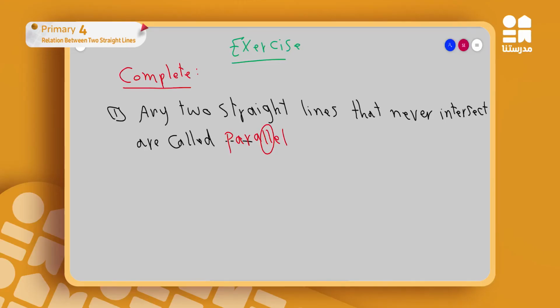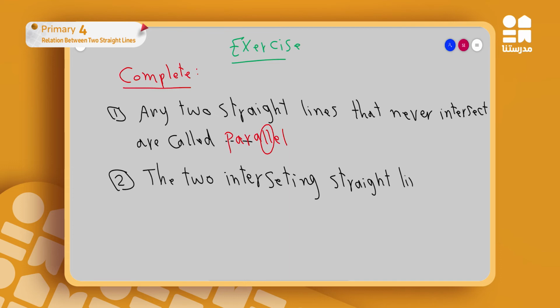Number 2 here. The two intersecting straight lines that make a right angle are called what?